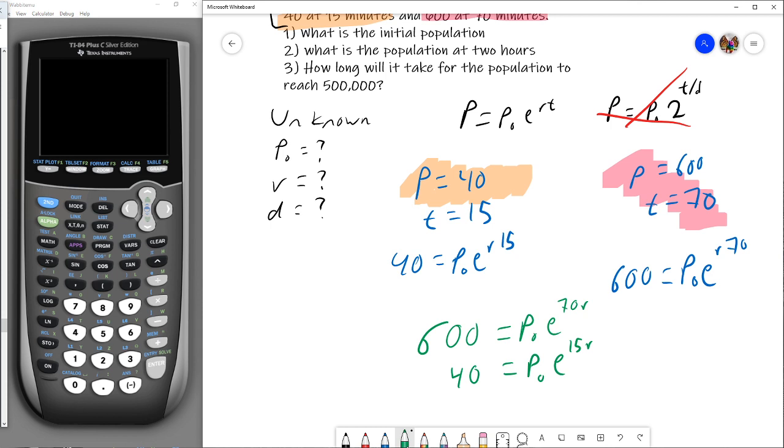That always will entail that you need two sources of information, i.e. two equations, in order to properly solve for both quantities, P naught and r in this case.